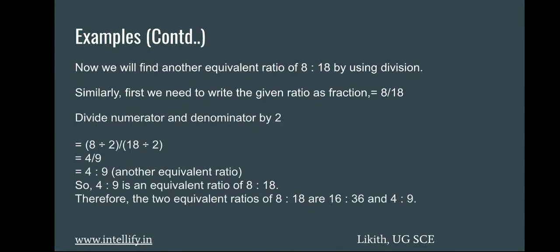That is 8 divided by 2 by 18 divided by 2, which is nothing but 4 divided by 9. 4 divided by 9 in ratio is 4:9. So 4:9 is also an equivalent ratio of 8:18. Therefore, the two equivalent ratios of 8:18 are 16:36 and 4:9.